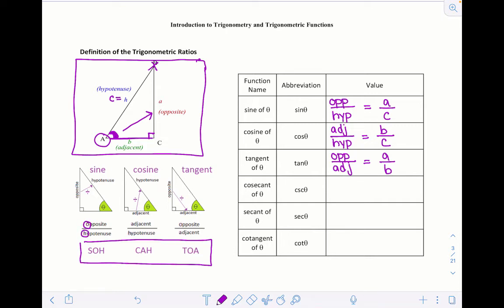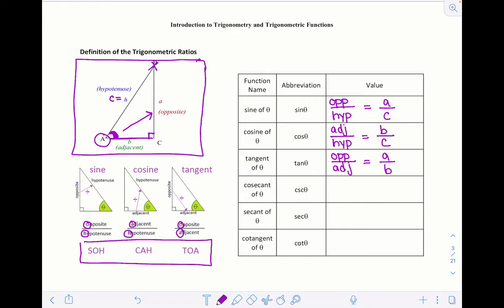The CAH is that cosine is equal to adjacent over hypotenuse. And TOA represents that tangent is equal to opposite over adjacent. So that's something that you can use to try and remember these definitions. And again, in this introductory part of trigonometry, there is a lot of memorizing. And this is probably one of the main things.